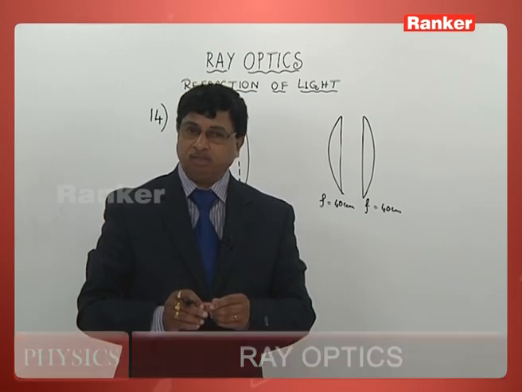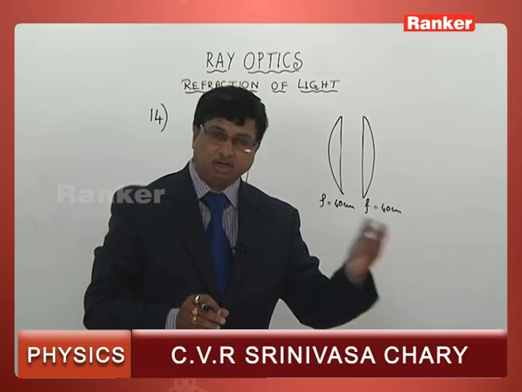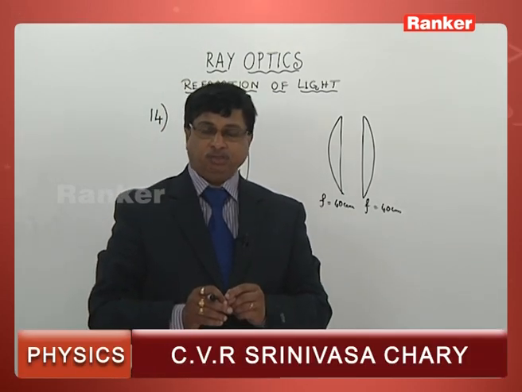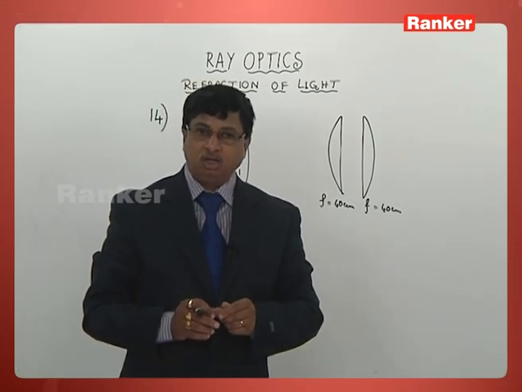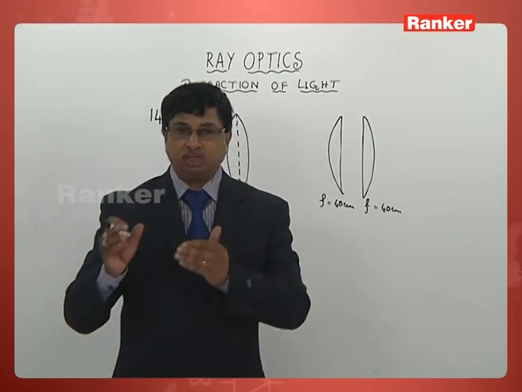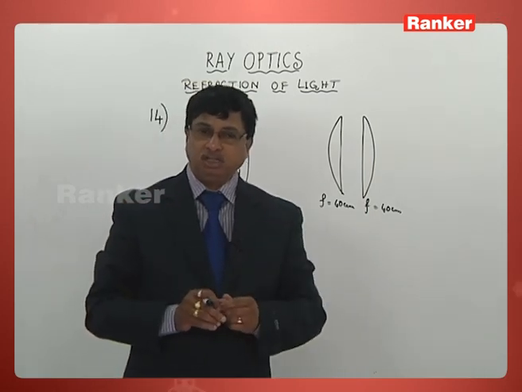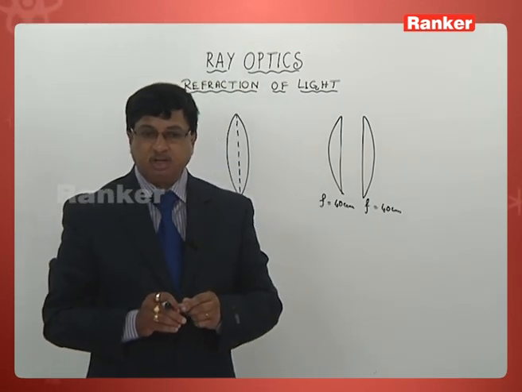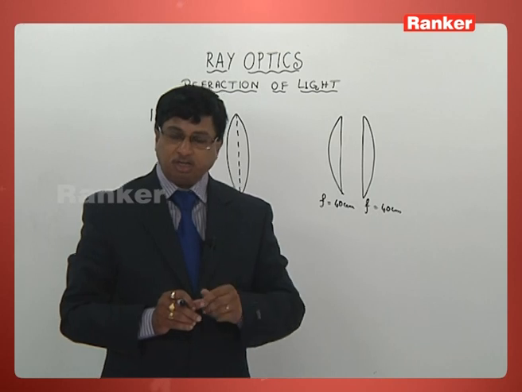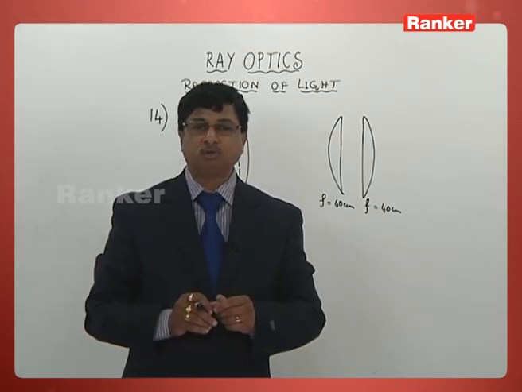Then automatically we get the image also at the center of curvature on the other side of the convex lens. Since image distance and object distance are equal, magnification becomes unity. That is the concept. And what are the options given? 80 centimeter the first option, 40 centimeter the second option, 20 centimeter the third option, and 16 centimeter the fourth option. What is the correct option?